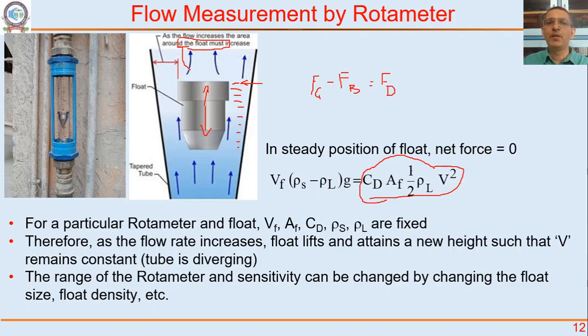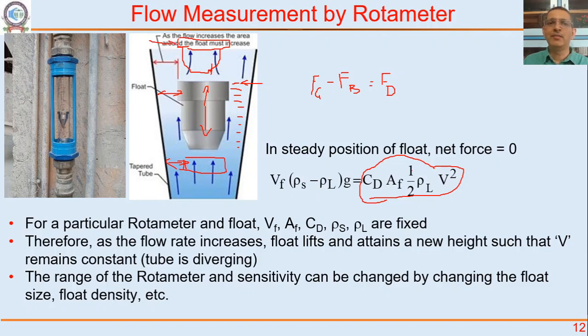The gap between the float and the walls of the tube has increased. If the float is somewhere here, the gap is much less. Somewhere here the gap is much more.